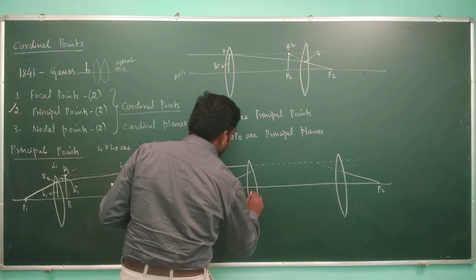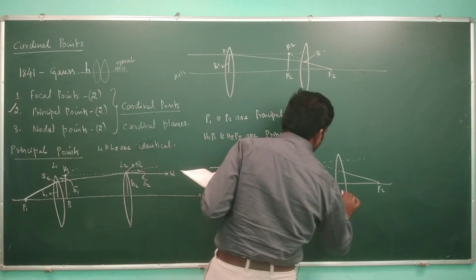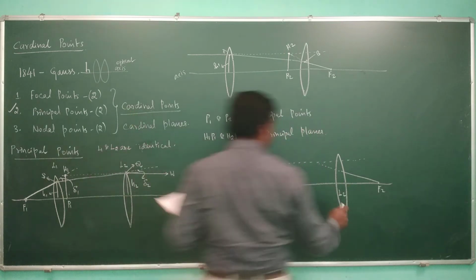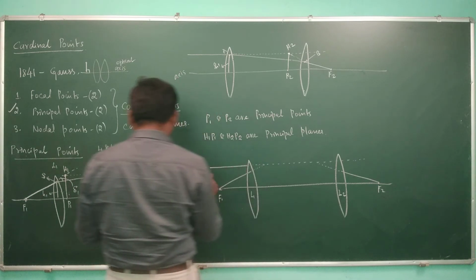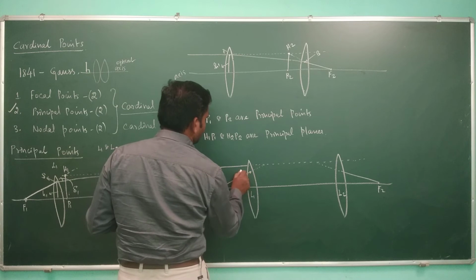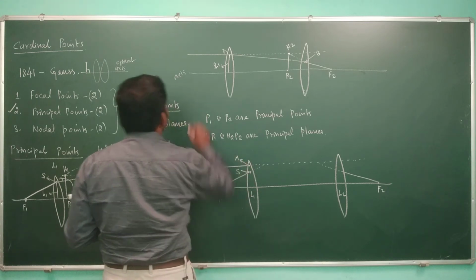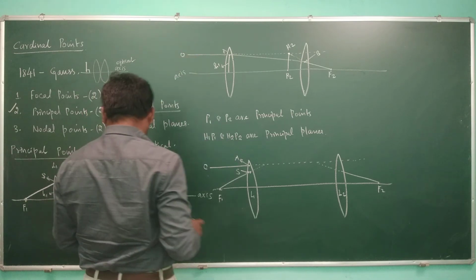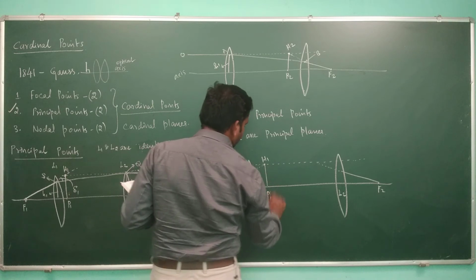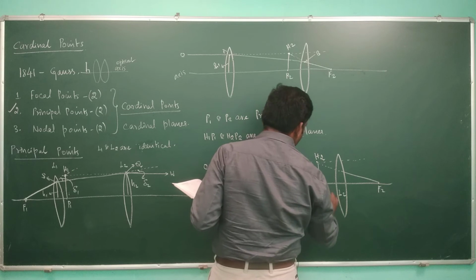This is lens 1, this is lens 2, focal point 1, focal point 2. So this point is S, this point is A, and this is O, and this point is H1, this point is P1, this point is H2, this point is P2.